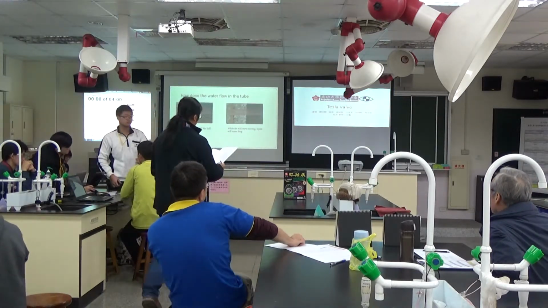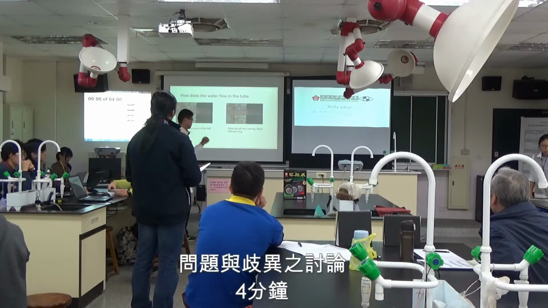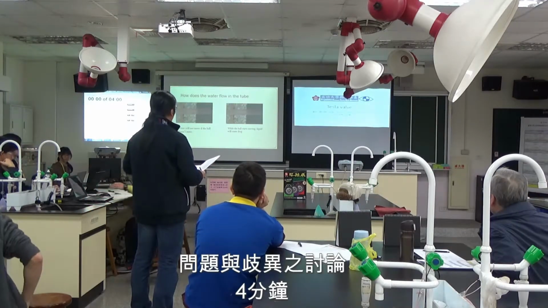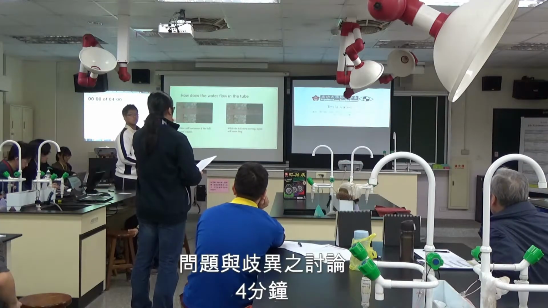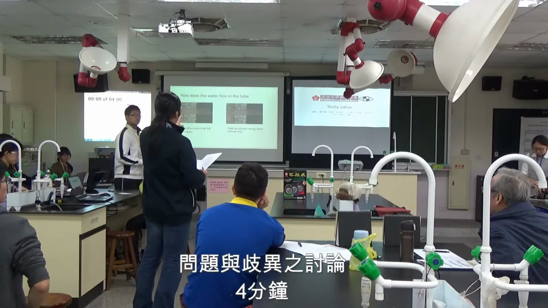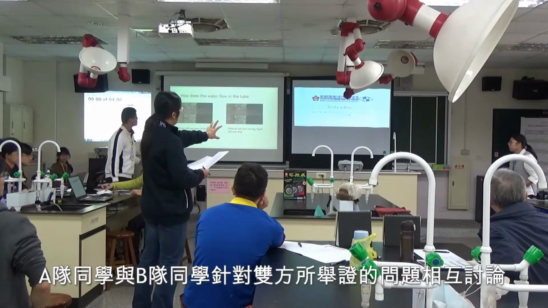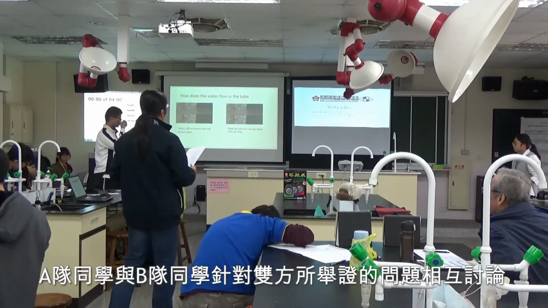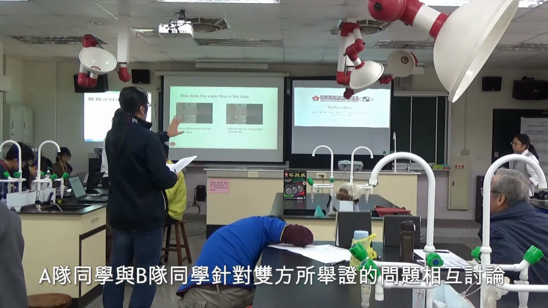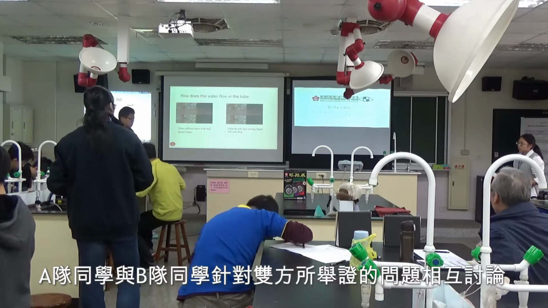Okay. The discussion will be divided into 2 parts. The first 4 minutes will be focused on the presentation of Team A, and the second part will focus on the presentation of Team B. So we start the discussion now, please.